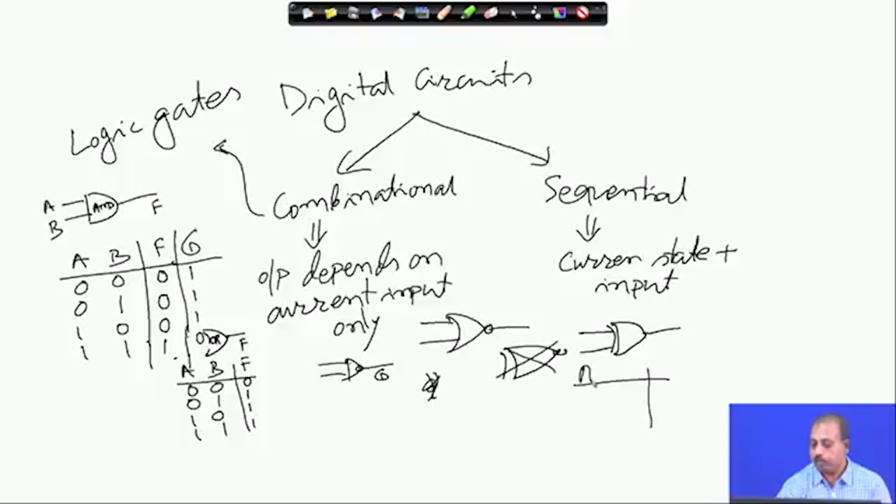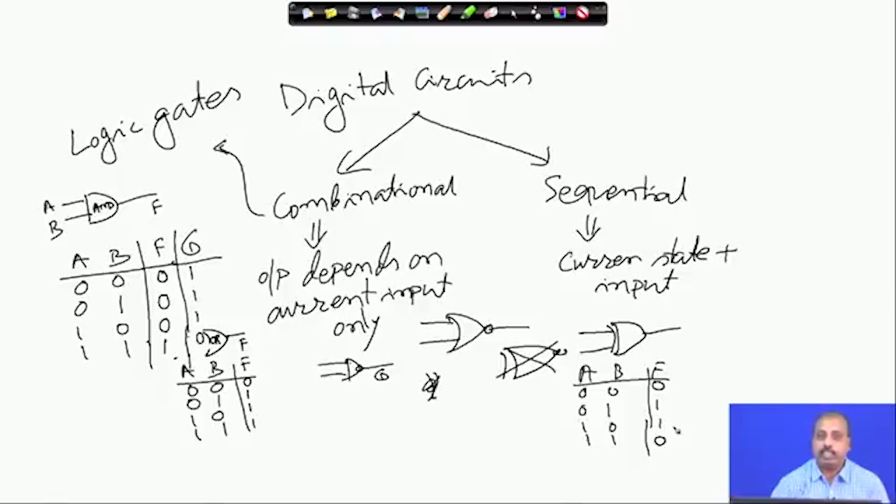If I draw the truth table with A, B and F: 0 0, 0 1, 1 0 and 1 1. Here F is 0 because both the inputs are 0, this is 1, this is 1, but 1 1 is again 0, telling that the inputs are the same.